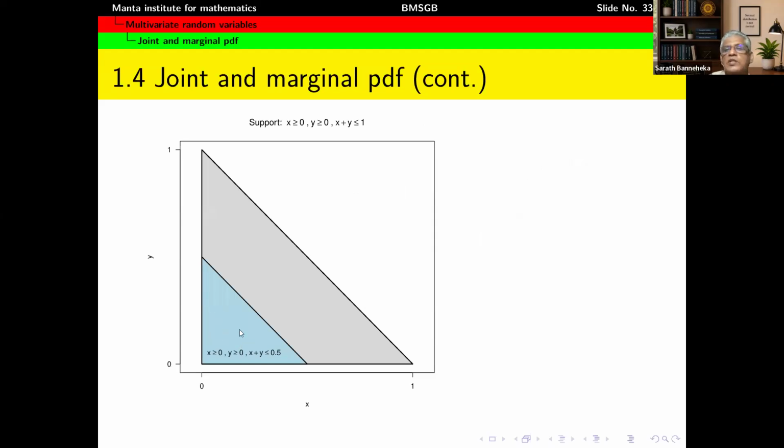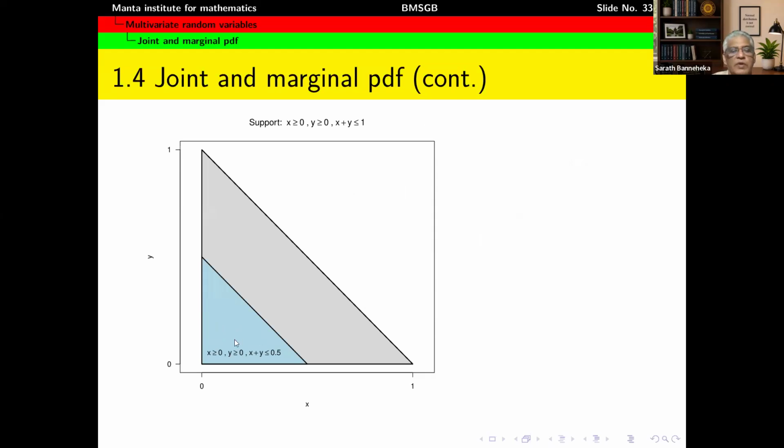So I want to find out what is the probability that the capital X, Y random point will be in this area. For that, I have to integrate the joint density function over this area, right? I have to integrate the joint density function over the whole area, right?